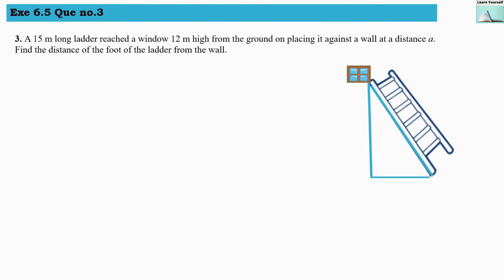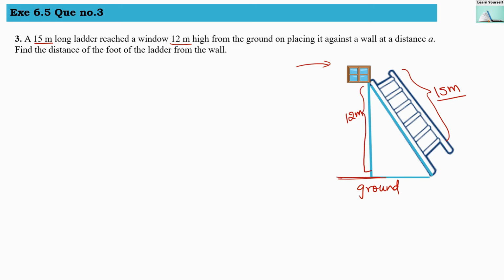Exercise 6.5, question number 3. A 15-meter long ladder reached a window 12 meter high from the ground. So let us imagine this situation over here, that 15-meter long ladder. So this is our ladder which is 15 meter long. It is reaching till the window, and this is our ground and this window is 12 meter high from the ground. So this distance is 12 meter.